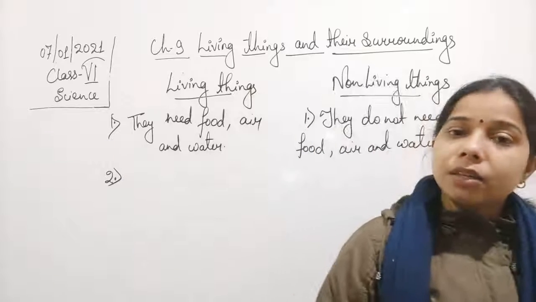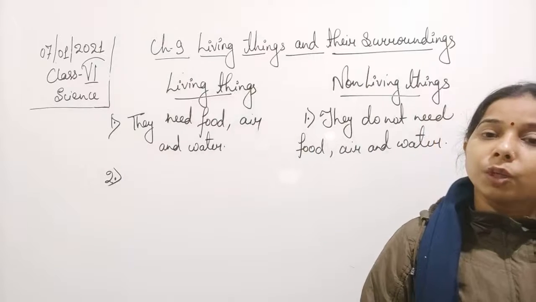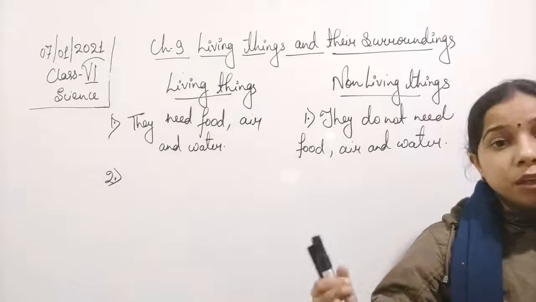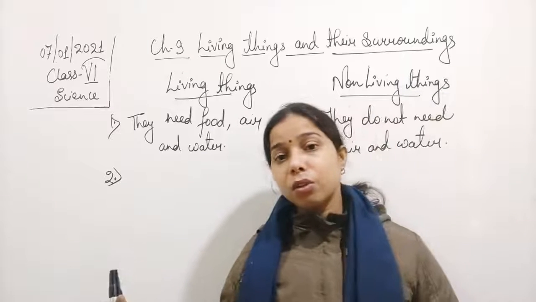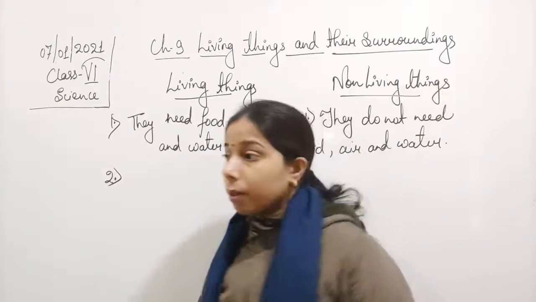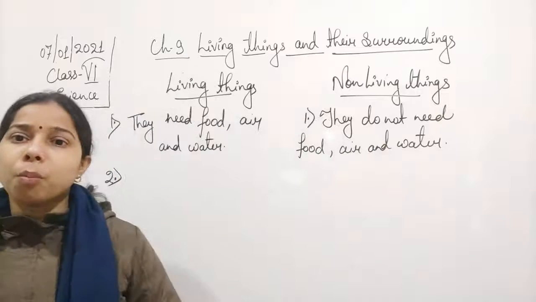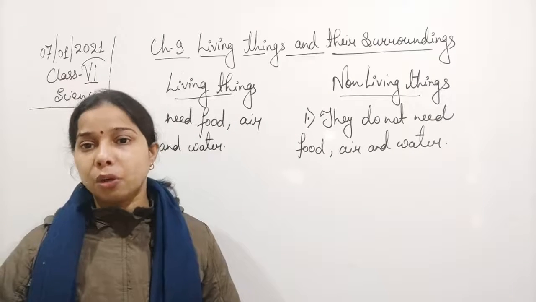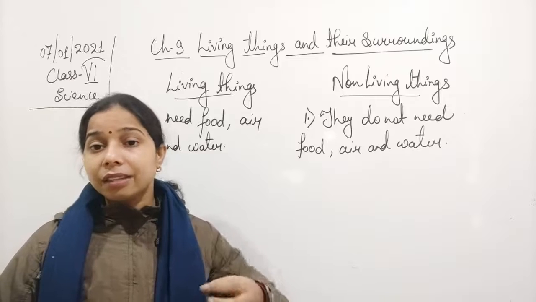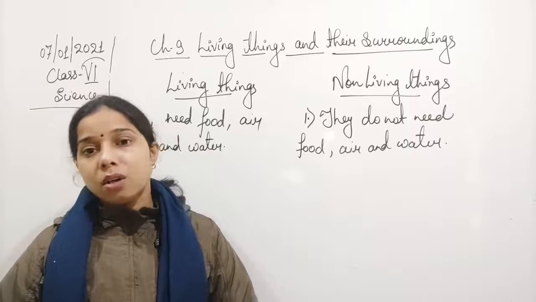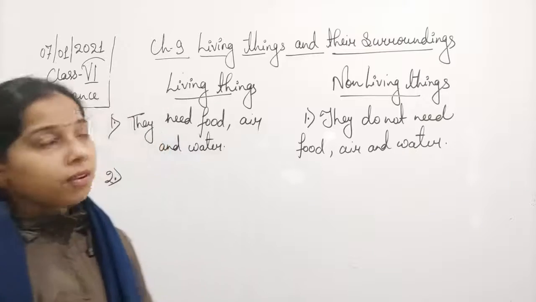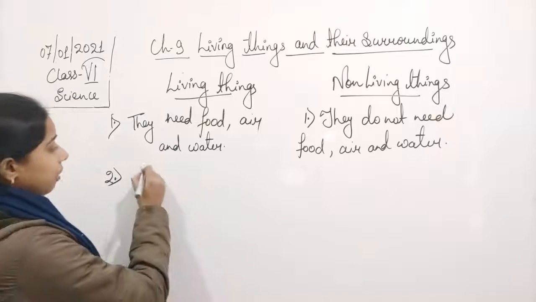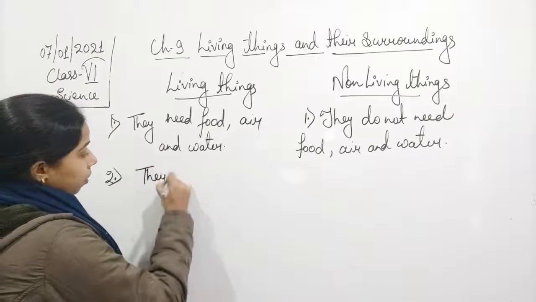If a plant is there, students, the plant will also grow into a tree. So here we can say that the living thing shows growth. But what if you have kept a box or a duster for a long period of time? Is there any change in the size? No. So they will not show the process of growth here. So living things, they grow.